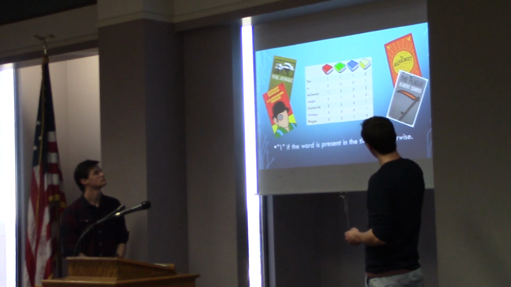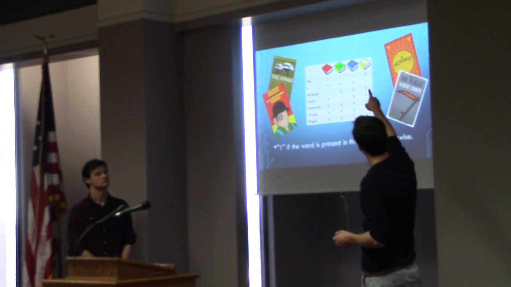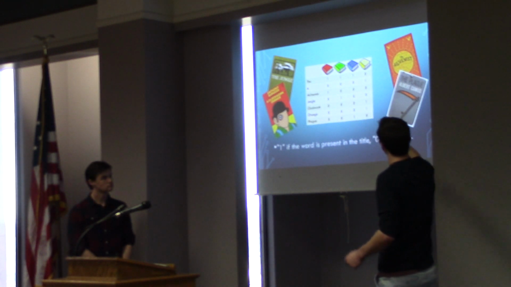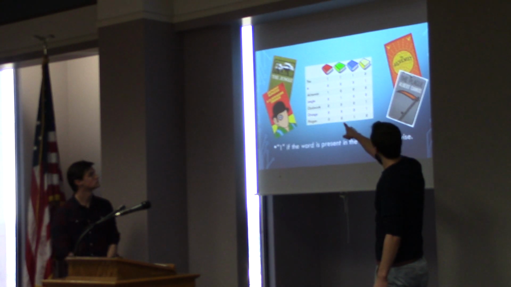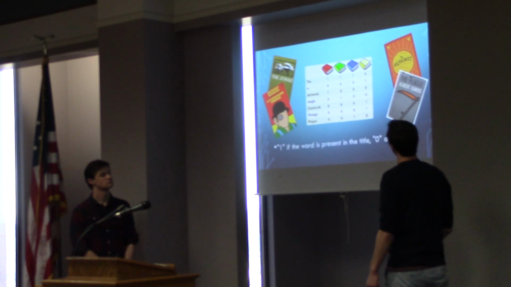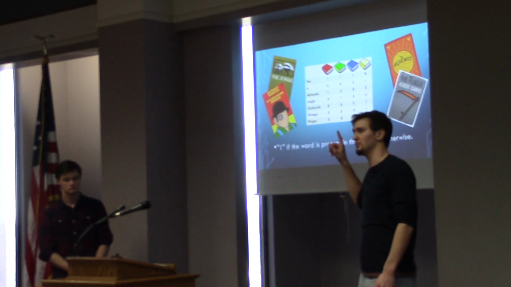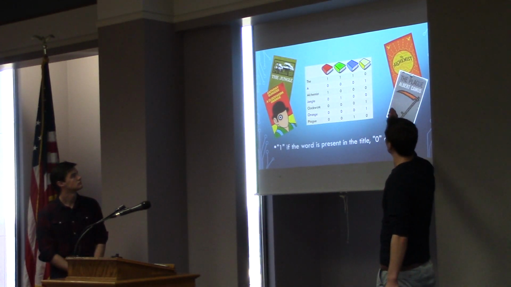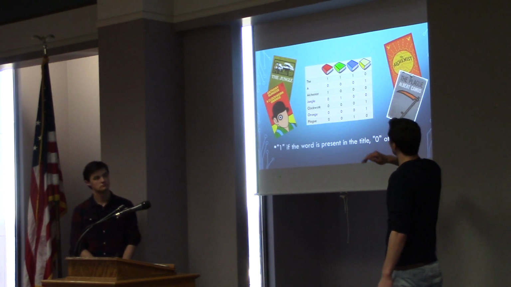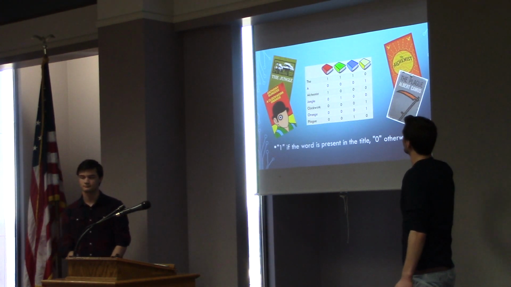Each column represents a book, and there's going to be a 1 in each spot where a word appears in the title of the book. So that 4th column, that yellow book, is representing A Clockwork Orange because a 1 appears in A, Clockwork and Orange, and 0s elsewhere.